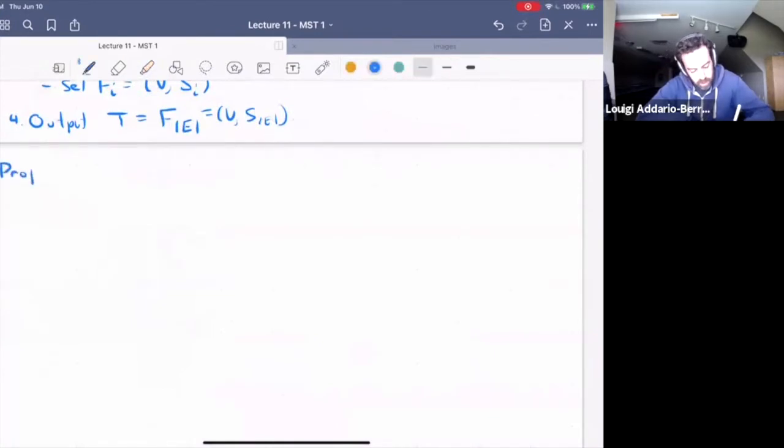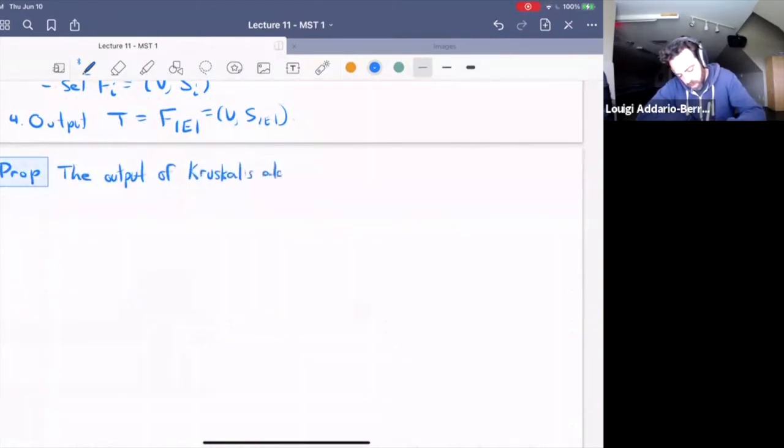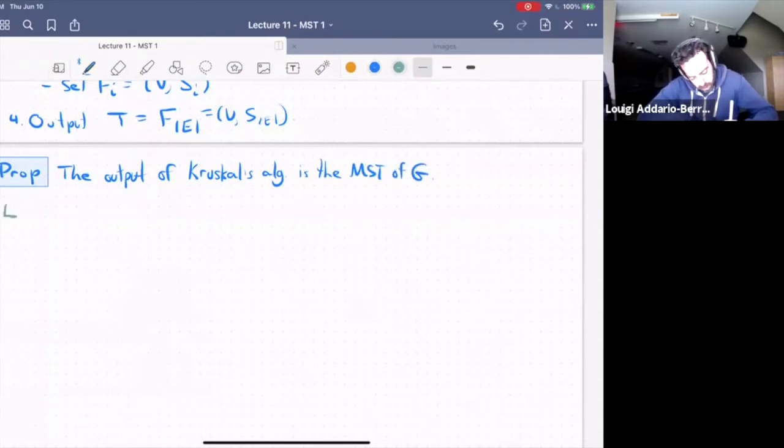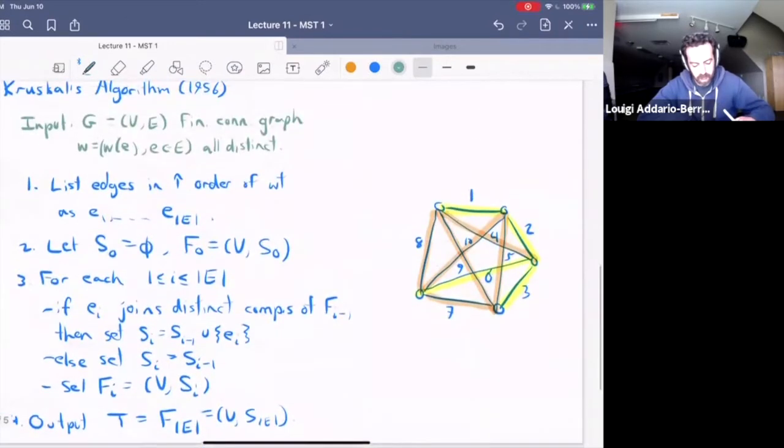The output of Kruskal's algorithm is the MST of G. The key observation connects what happens in this process that I just described with a simpler process where we start by listing the edges in increasing order, but then we just add them one at a time.